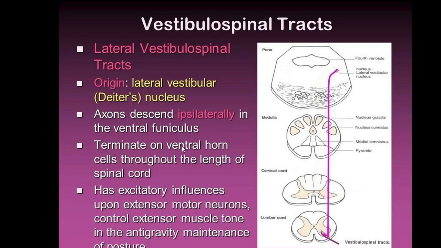They terminate on the ventral horn cells throughout the length of the spinal cord. It has excitatory influence upon lateral motor neurons. It controls extensor muscle tone in the anti-gravity maintenance of posture.